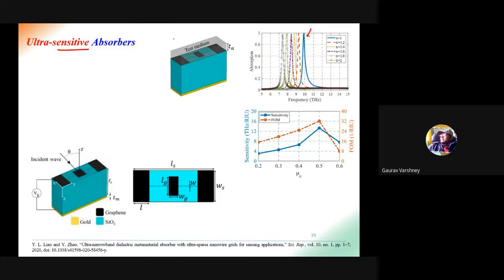This is one structure developed with ultra sensitive characteristics by this author group and recently reported in IEEE Sensors Journal. If we change the refractive index of the analyte medium at a small scale, this provided an ultra sensitivity of more than 111 terahertz.